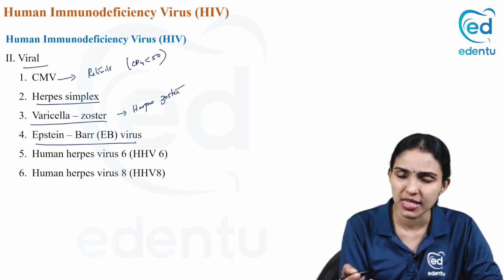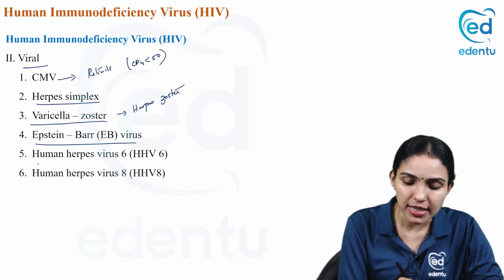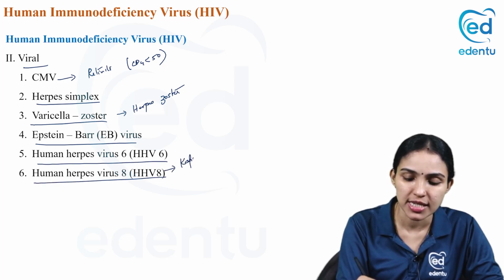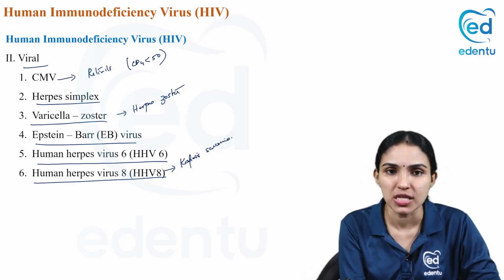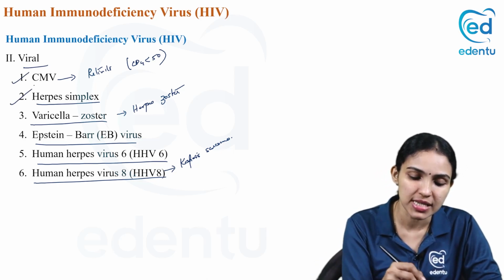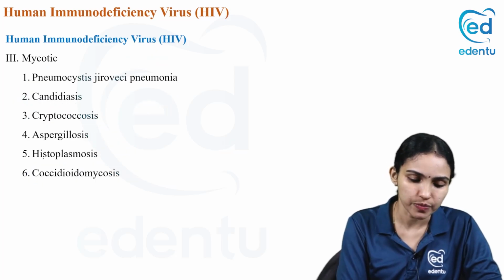Epstein-Barr virus infections can be there, more disseminated. Then HHV6 and HHV8. Actually, HHV8 causes Kaposi sarcoma, a cancer associated with HIV. So these are some of the viruses causing opportunistic infections. Better remember CMV, herpes simplex, varicella zoster, and human herpes virus 8.